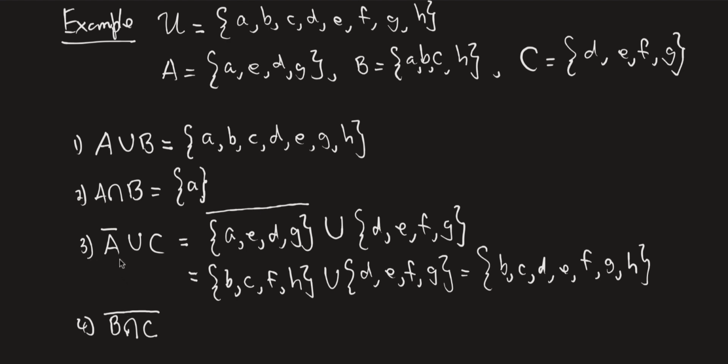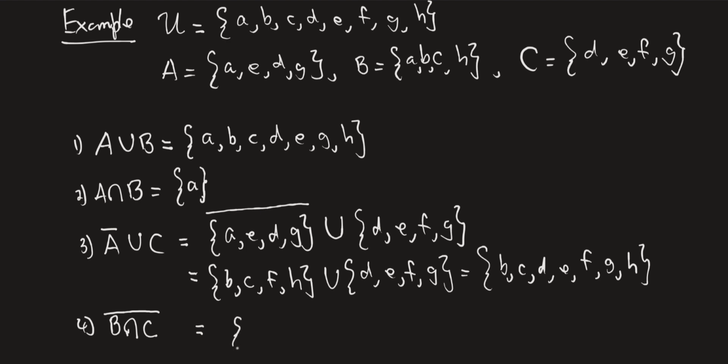In example 3, we did the complement of A first and then did the union with C. Now we're going to have to do the intersection first between B and C and then take the complement of the result.